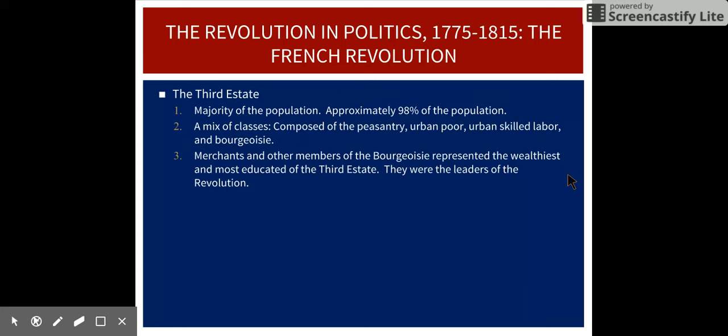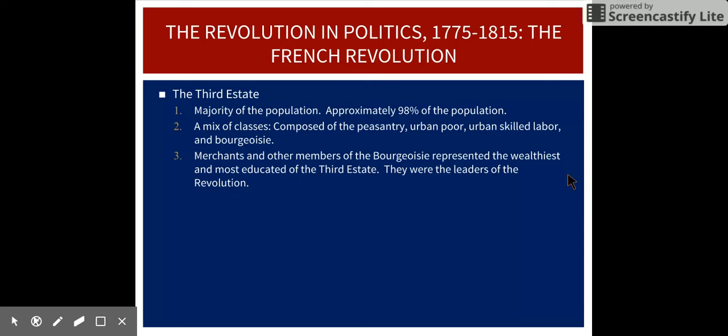So if we look at the third estate, by far the majority of the population, over 90% of all the people in France fall into this estate. And as such, it is a mix of classes. It's composed of traditional masses, like we think of the peasantry or the urban poor, but also some growing and changing classes: urban skilled labor, doctors, lawyers, the bourgeoisie.